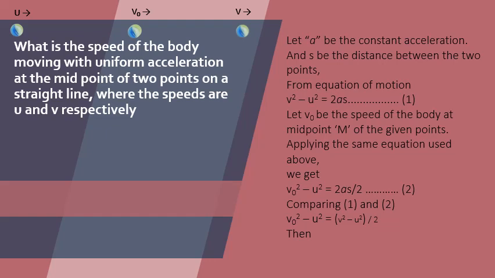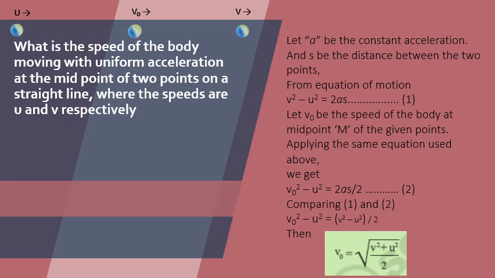You have to take it in two cases. First one, initial velocity u, final velocity v0. Substitute that. Second case, initial velocity is v0 and final velocity is v. Applying those two cases, then comparing those two equations by mathematical rearrangement of the terms.